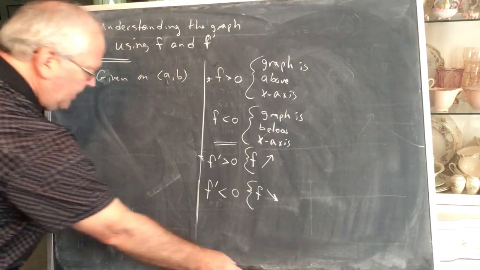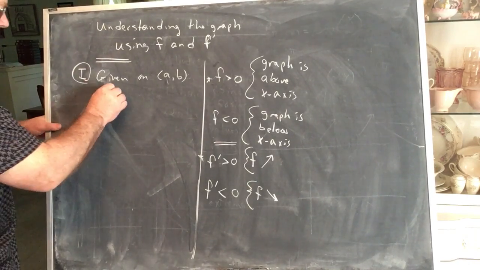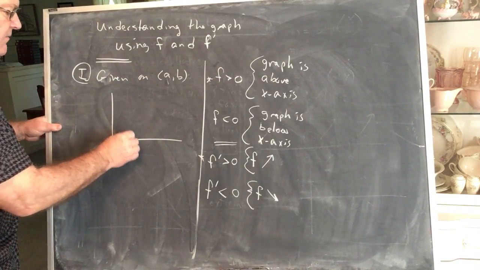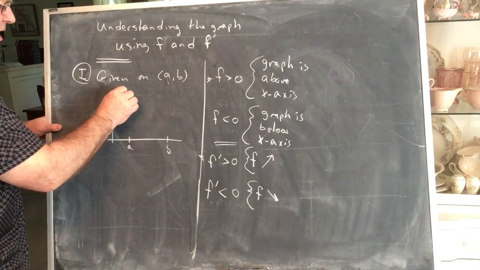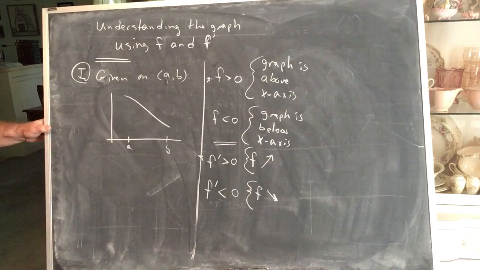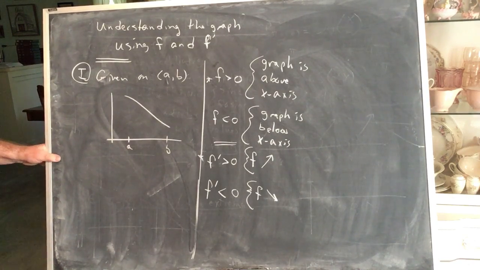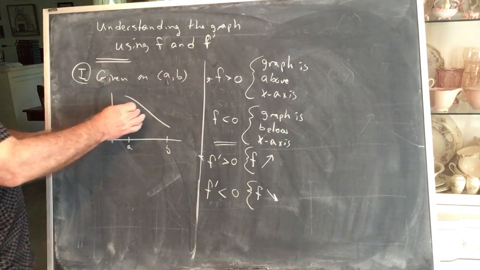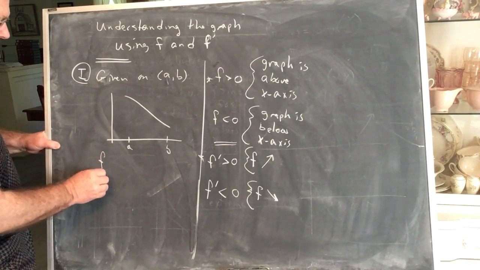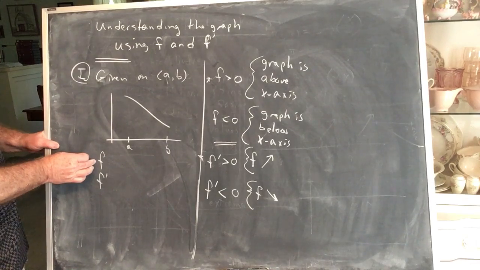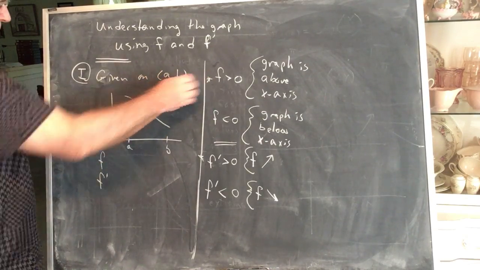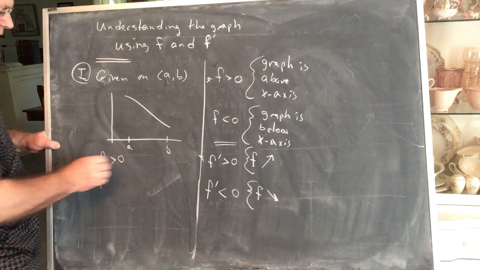And lastly, let's see if we can talk backward. Suppose you're given, this is A, this is B, and suppose that's the curve we're discussing. So on this interval, the question is, what is f and what is f prime? Well, the function is above the axis, so the function itself must be bigger than 0.